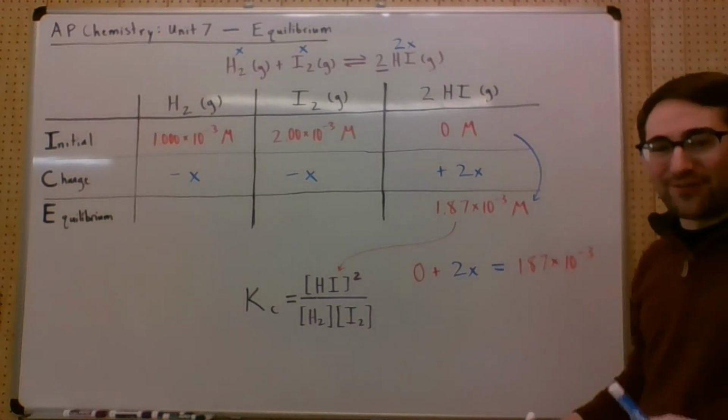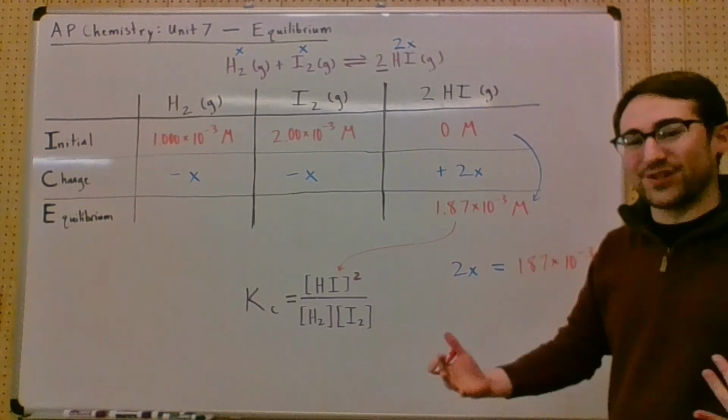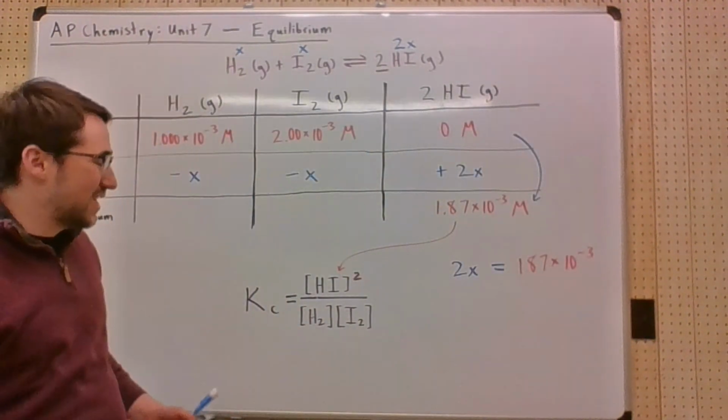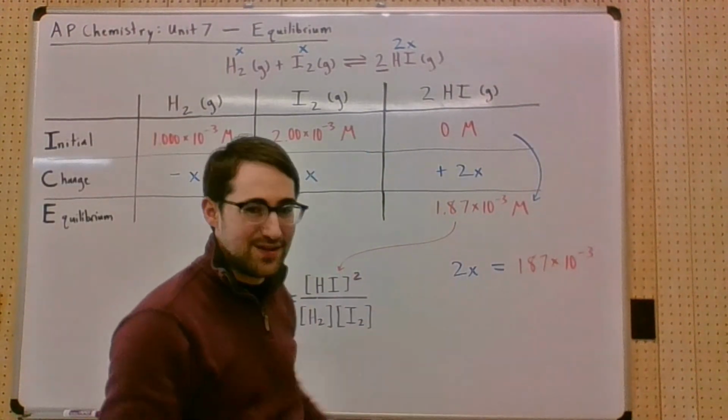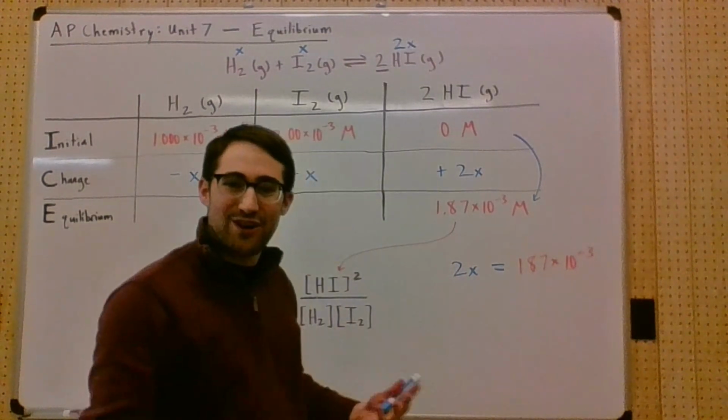Well, 0 plus whatever is just that number. So 2x is going to be equal to this number. If I know that 2x is this, I can solve for just x.